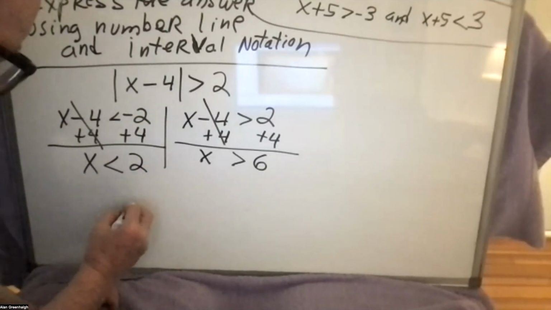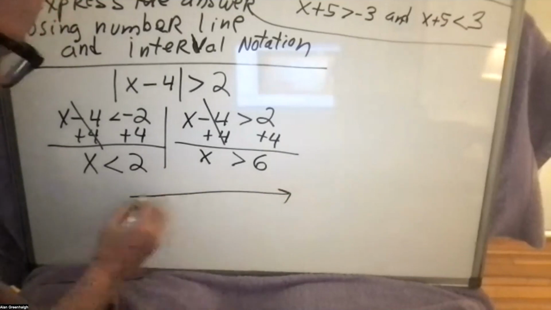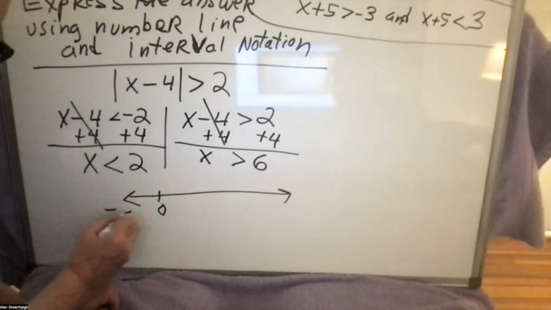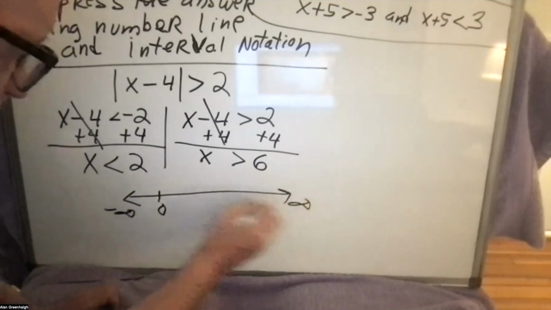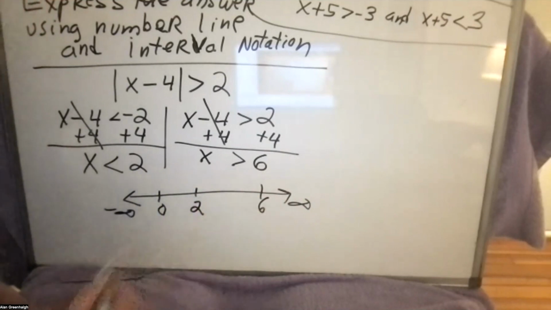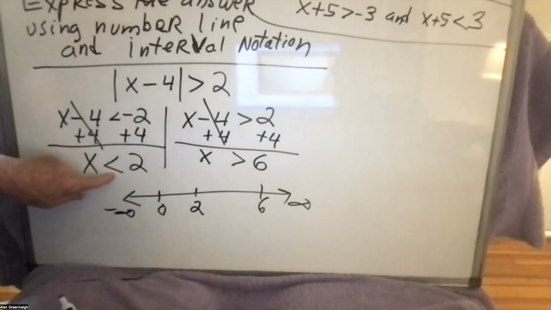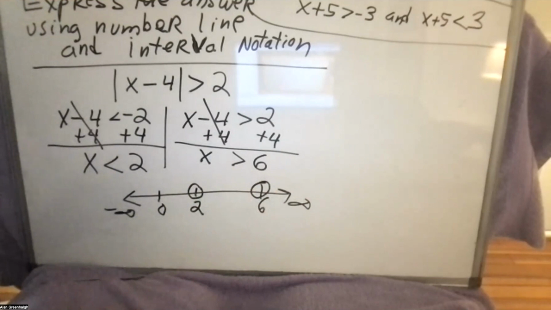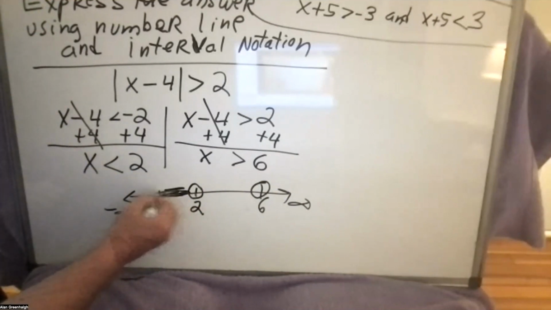And on a number line, we could put the 0 over here, negative infinity, infinity. We need a 2, we need a 6. They both have no line underneath, so they're both going to be open circles. X is less than 2, so it goes in this direction.